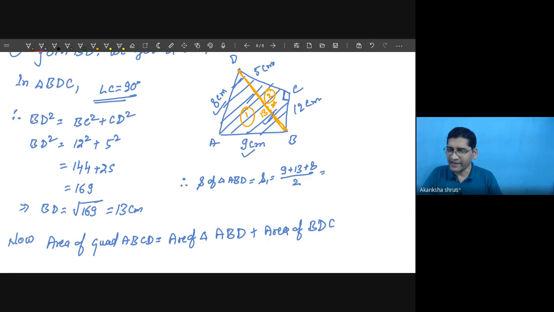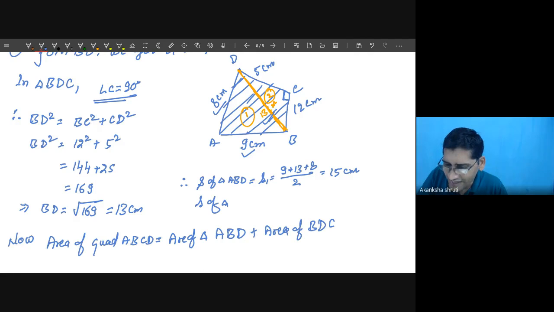For the first triangle, how much does it become? 9 plus 13 is 22, plus 8 is 30, so it becomes 15 centimeters.